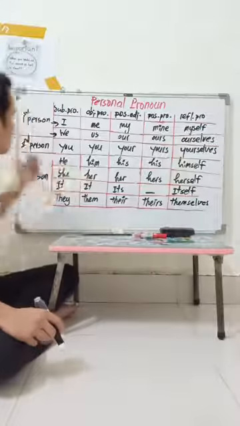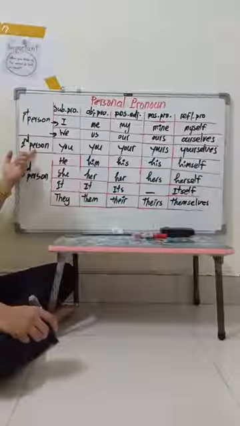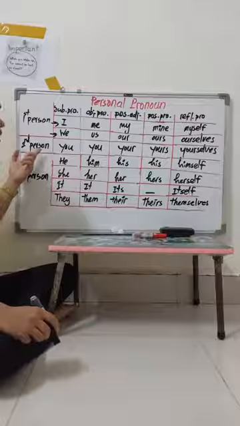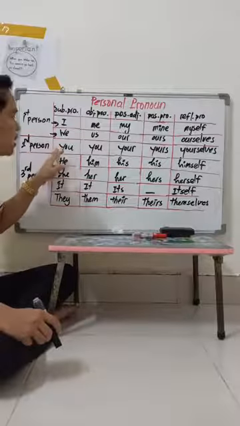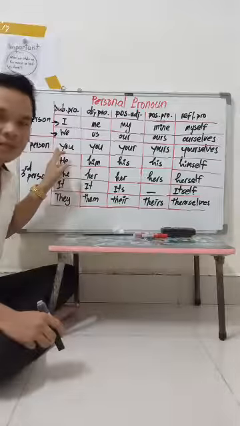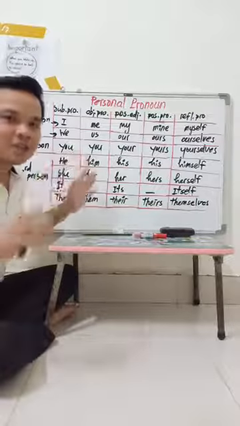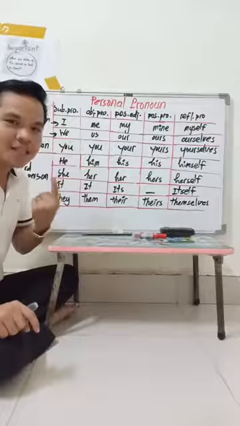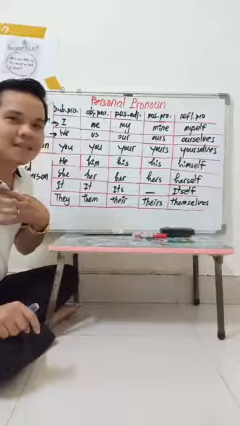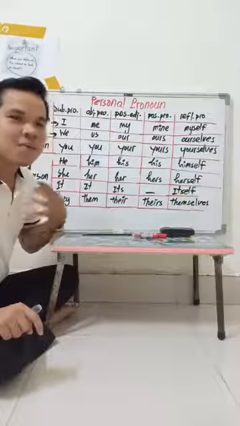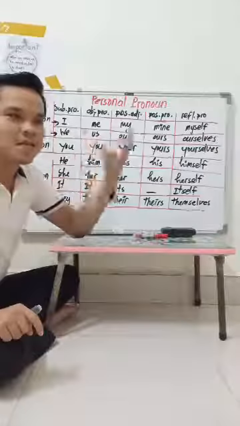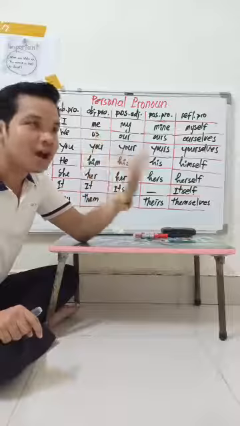Okay. And the second one, the second person. For the second person, singular and plural are the same form. We don't change, we just use only you. Example, I say, how are you? Even when we meet only one person, we use you. How are you?